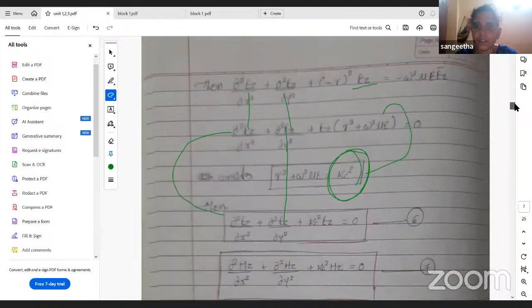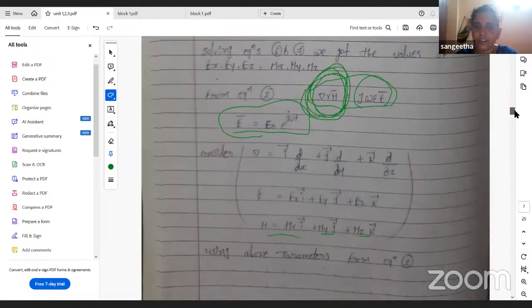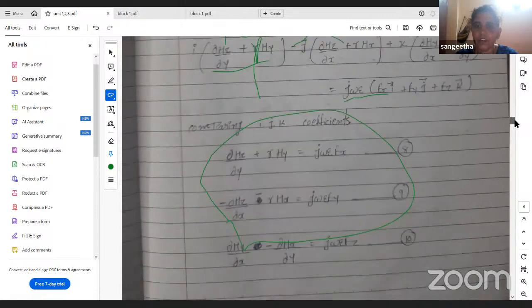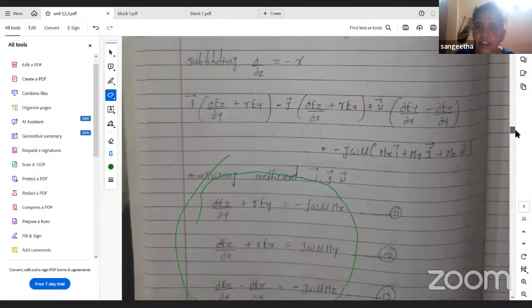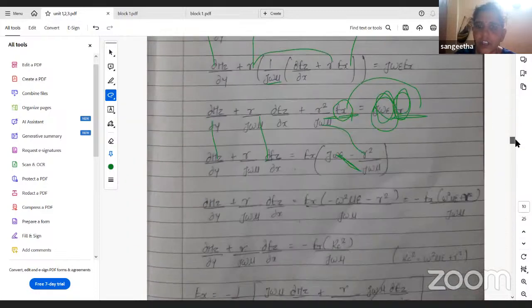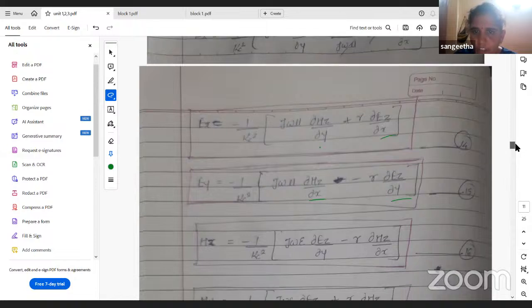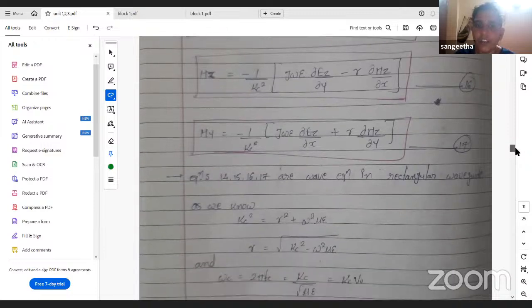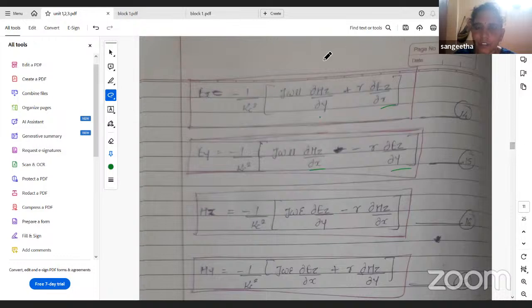Equations 8, 9, 10 are the major equations, and 14, 15, 16 are the next major equations. From these I calculated the values of Ex, Ey, Ez, Hx, Hy.